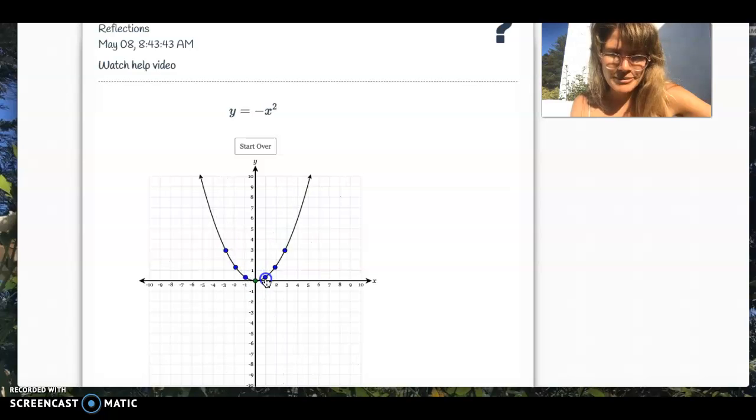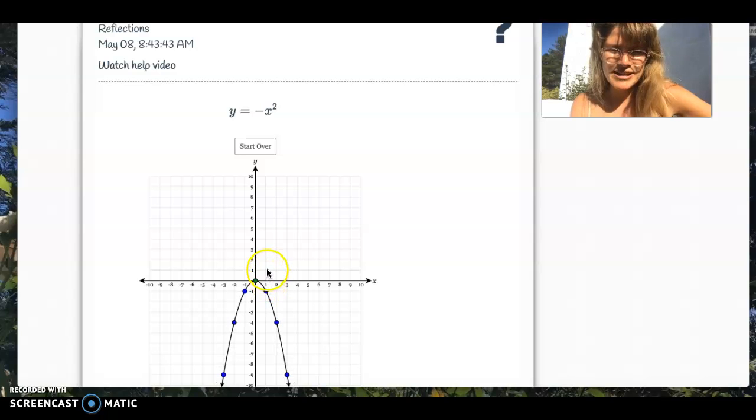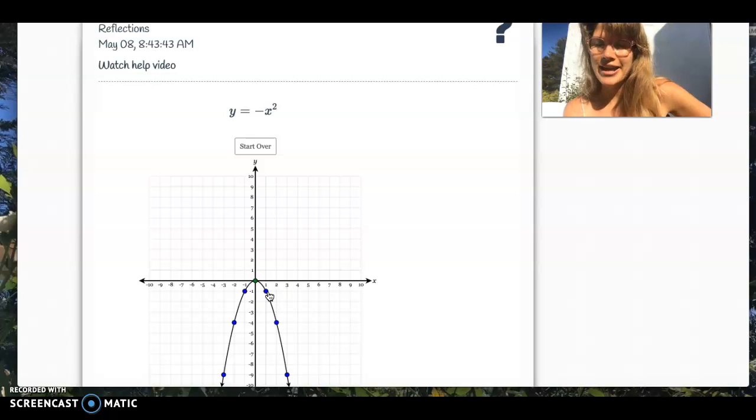So I'm going to flip this down, and I want to make sure again that the point is the same distance, this time the same distance from the x-axis. So if the point is up here, it's 1 unit away from the x-axis. I want to flip it down here, so it's again 1 unit away from the x-axis, but now it's below the x-axis rather than above the x-axis.